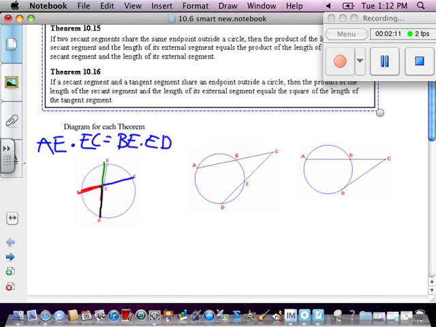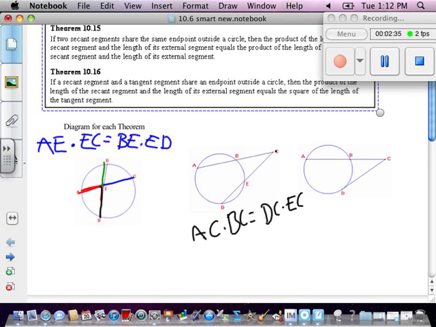The next one, do you see how we have two secants? If we take A to C and multiply that by B to C, just the outside part, it equals D to C times E to C. So it's the whole thing times the outside equals the whole thing times the outside.